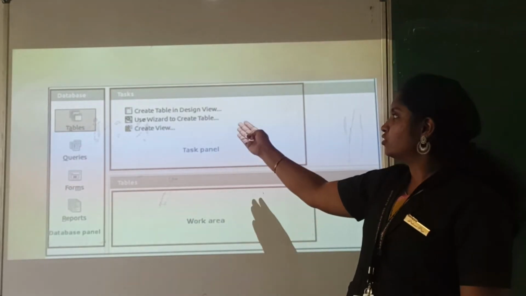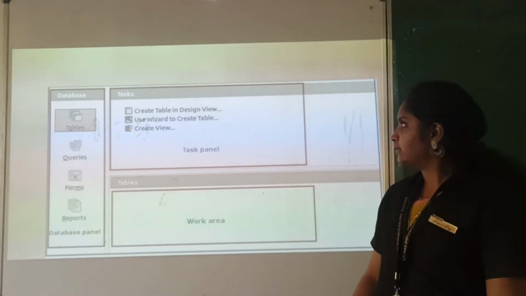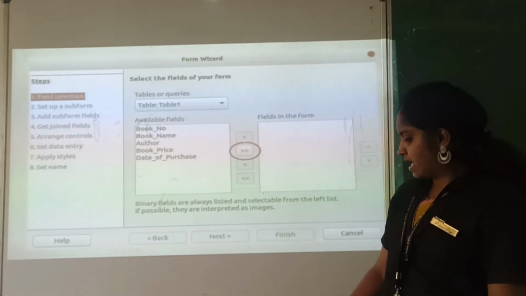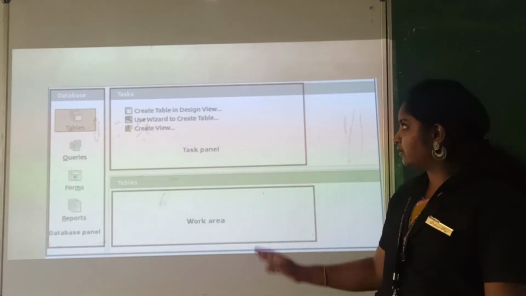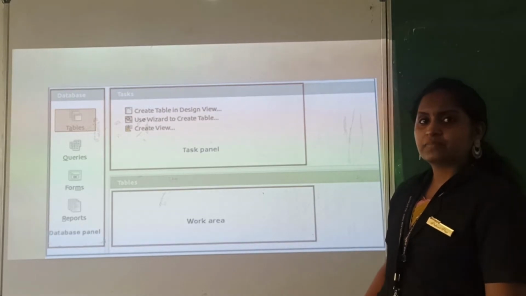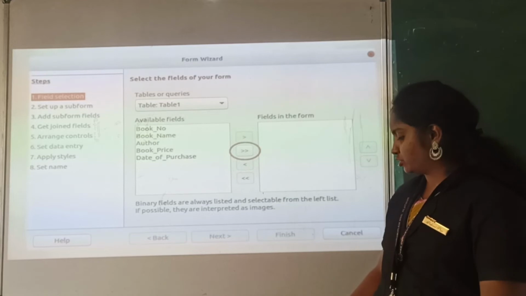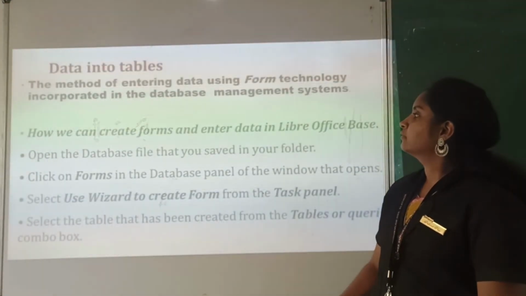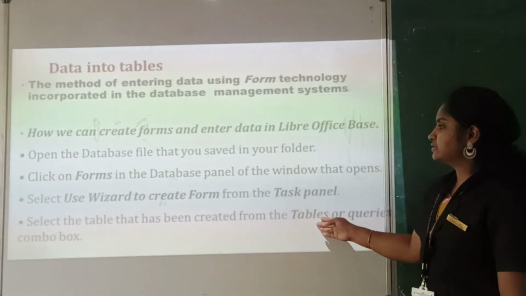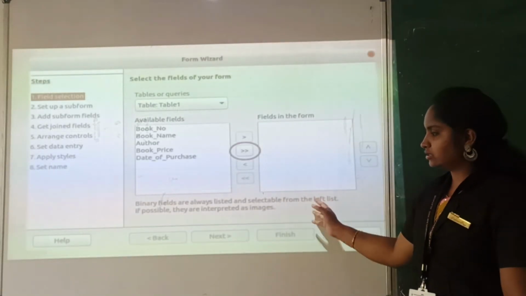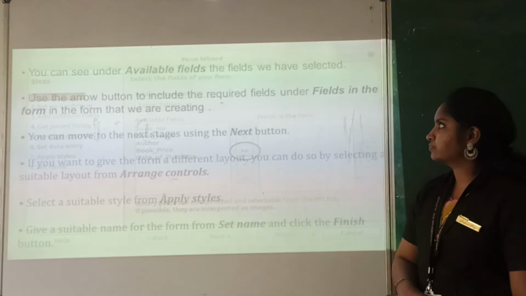So go to Use Wizard to Create Table. After selecting it, you will get this section. Next, select the options I have shown in this section and click Finish.